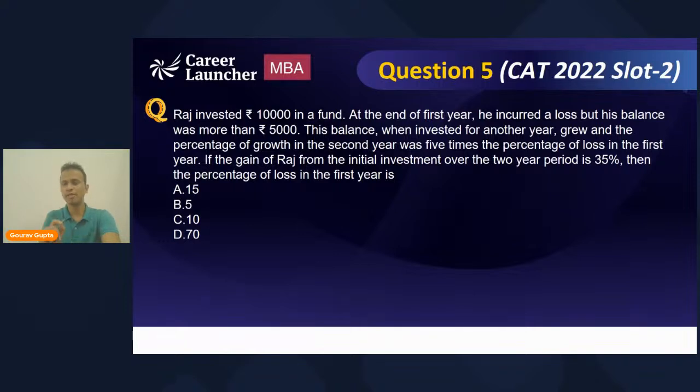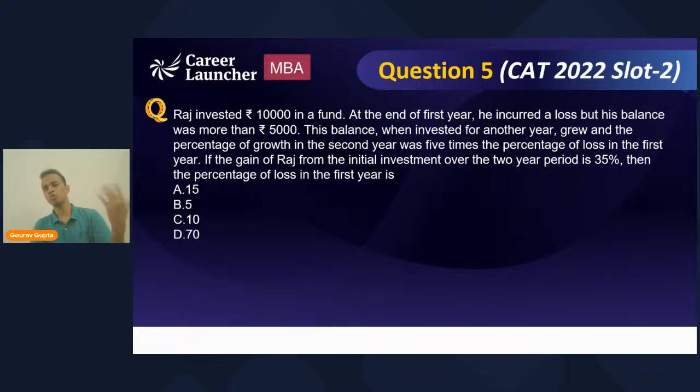So, the loss here will be, the maximum loss will be what percentage? You can find it out. Okay? This balance, whatever the balance he has, was invested in another year, and grew, and the percentage of growth in the second year was 5 times the percentage of loss in the first year.